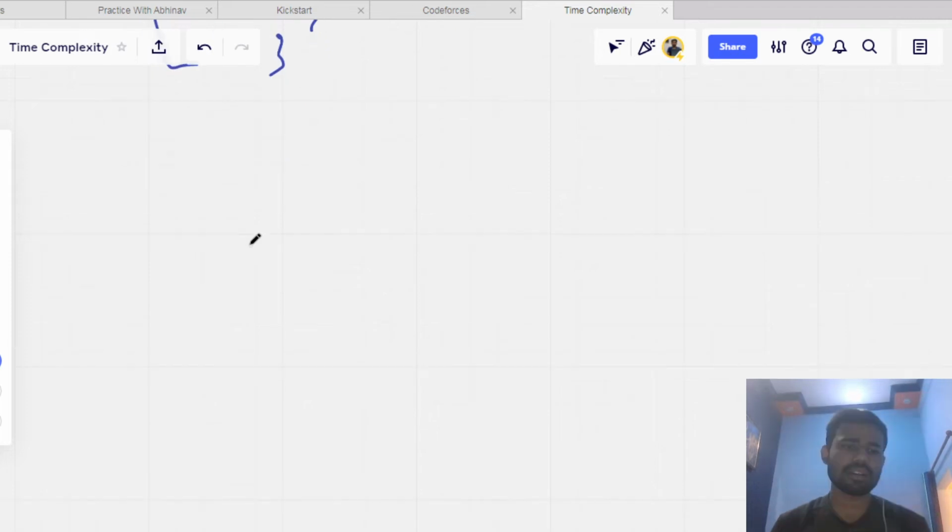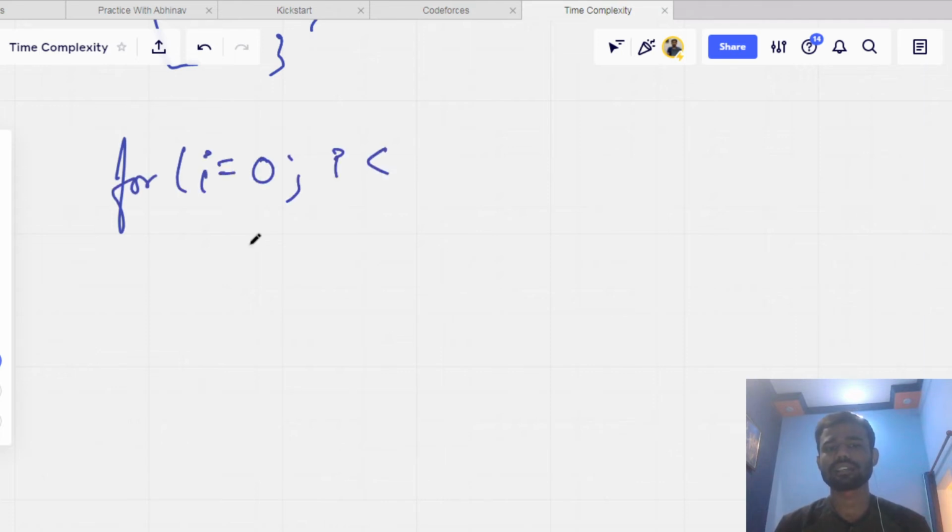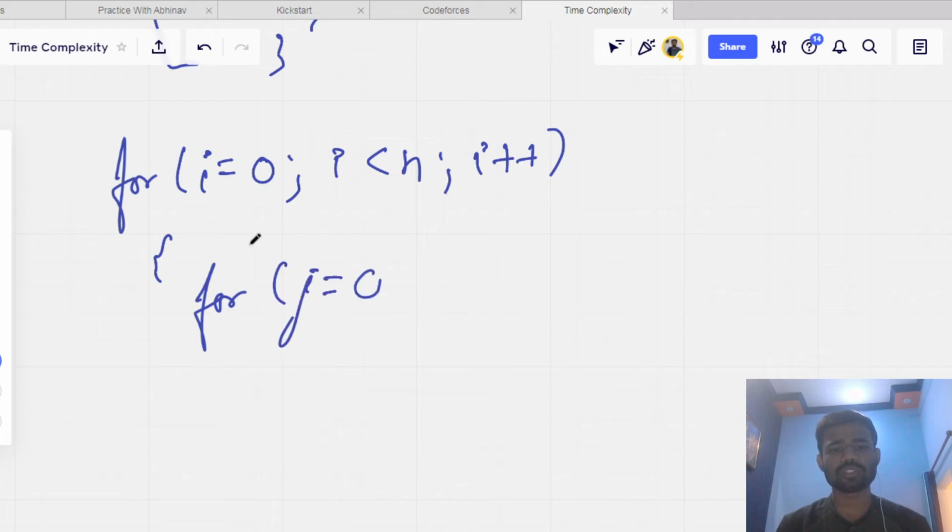This is also an example of quadratic time complexity, but it will be a little confusing for you. For example, the nested loop is for i is equal to 0, i is less than n, i plus plus. And for the j loop, it is j is equal to 0 and j is less than or equal to i and j plus plus.